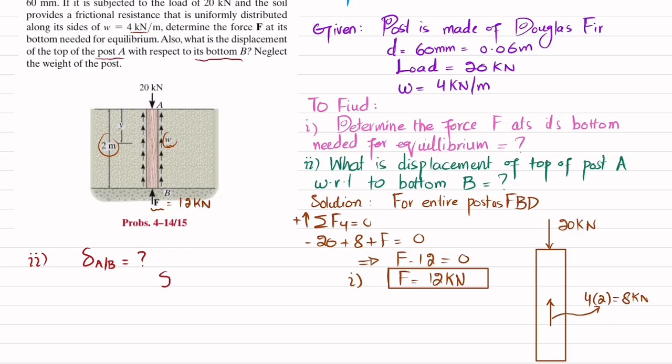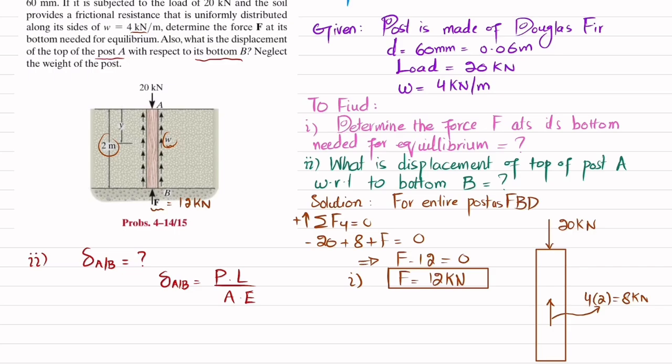So we know that this displacement of A with respect to B will be equal to P into length divided by A into E. Now you can see that we have a uniformly distributed load acting along the side by the frictional resistance of this soil. So at every length of this post, this force will change. So this w is a function of y.